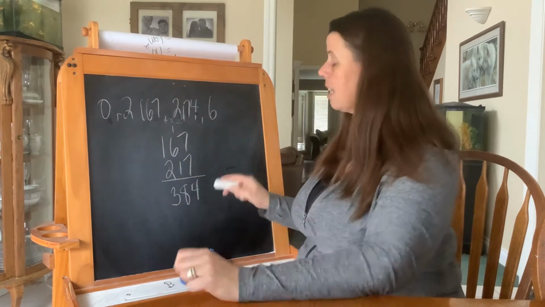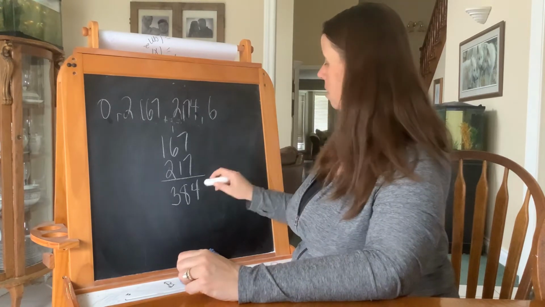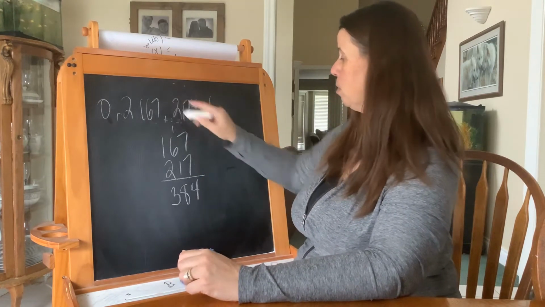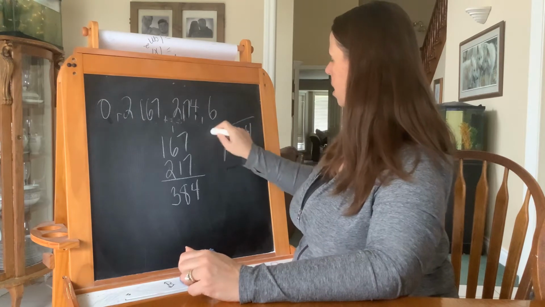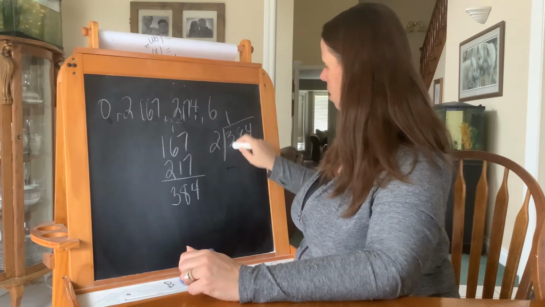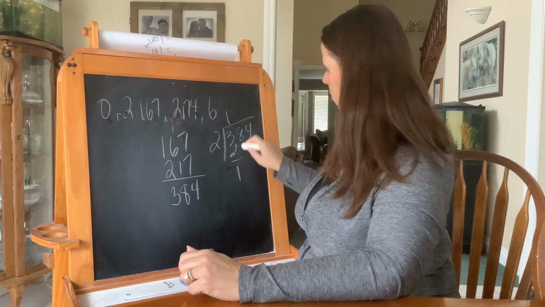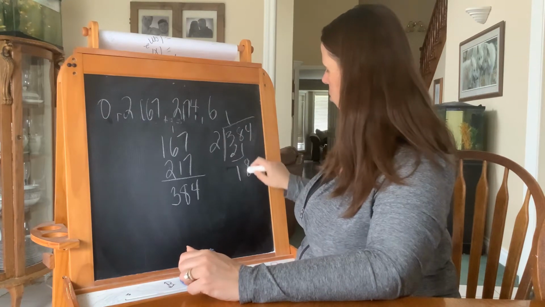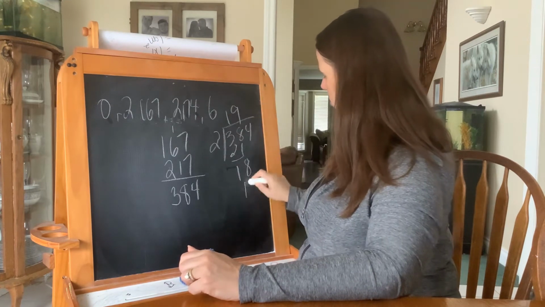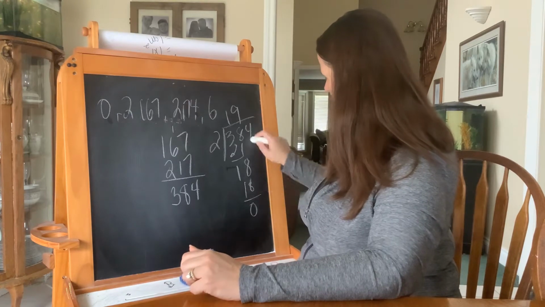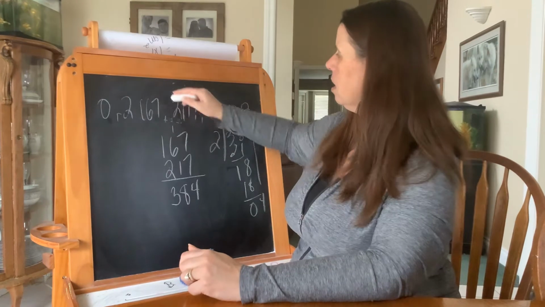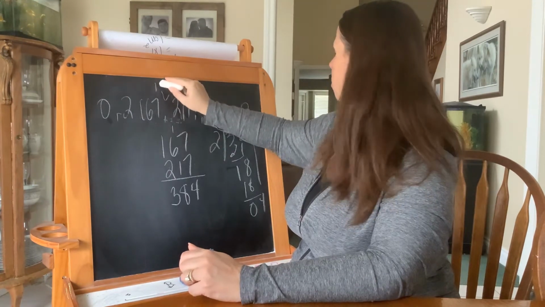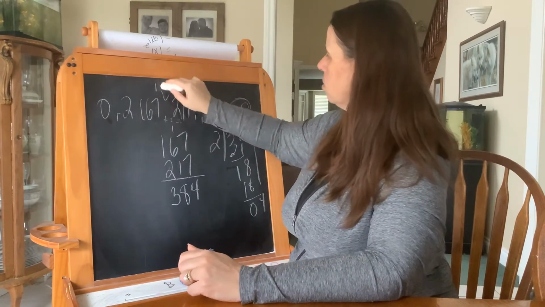And then cut it in half to find half of what's between it. So 384 divided by 2. 2 goes into 3 once, which is 2. 1 left over. 18. 2 goes into 18 9 times, which is 18. 0 left over. And 4, 2 goes into 4 2 times. So the median in here would be 192.